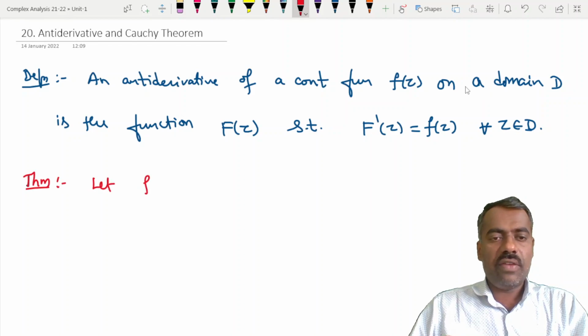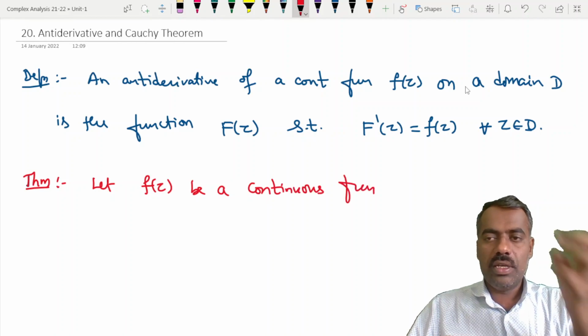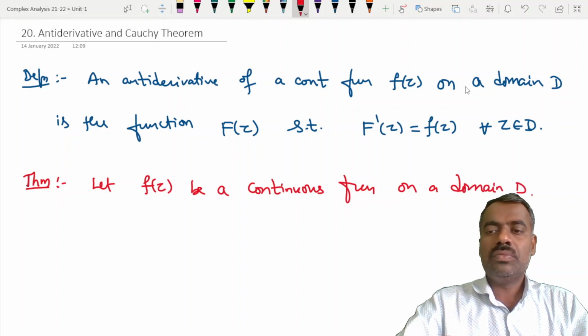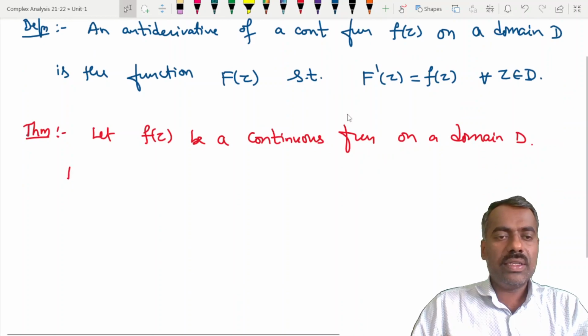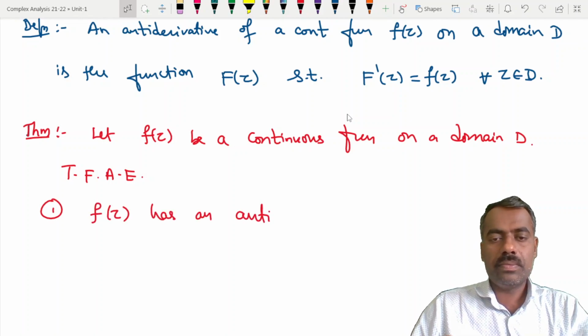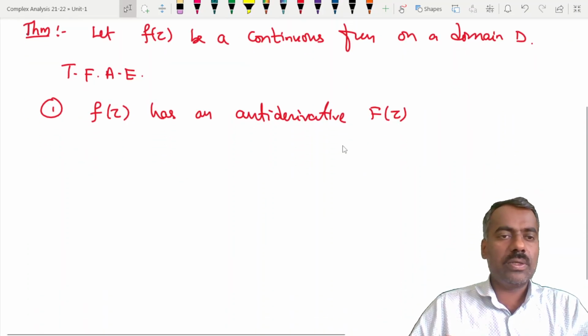Let f of z be a continuous function defined in a domain D. Then the following are equivalent. One: f of z has an antiderivative capital F of z, that means F dash of z is equal to f of z for all z belonging to D.